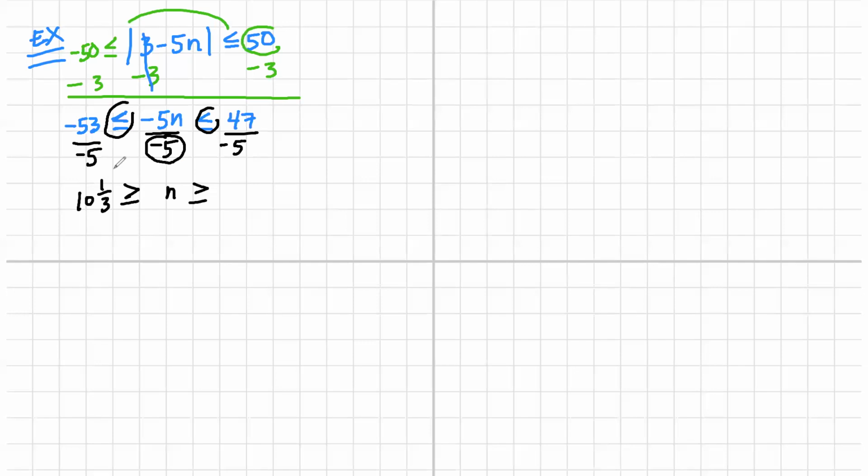It's 10 and 6/10, 10.6. And then do 47 divided by 5 in your calculator. We get negative 9.4.